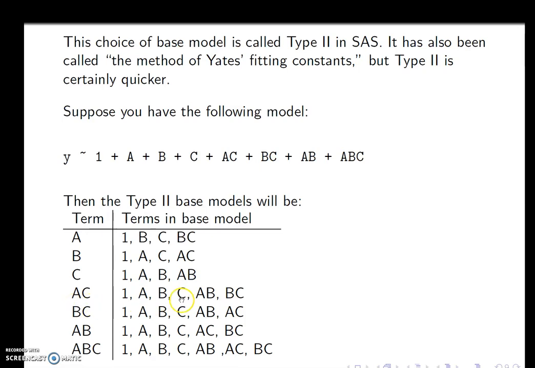So that will include the lower order terms including A, including C, and it can also include the interactions that involve A and C but interacting with levels of B. But it does not include the ABC interaction because that does include expressly the AC term. Does that make sense? Make sure it does before you come to class. Then including everything but BC, everything but AB, and then the easiest one I think is everything but ABC because that's everything else in the model.